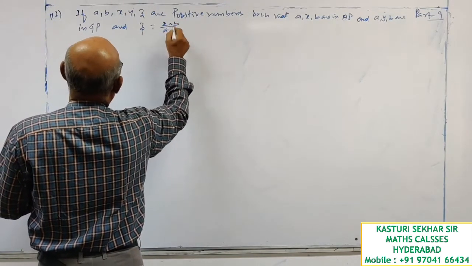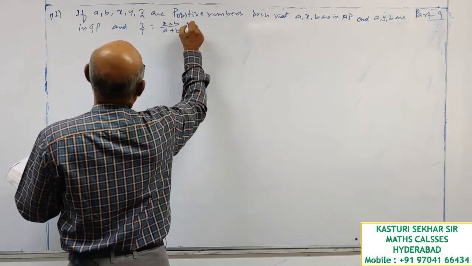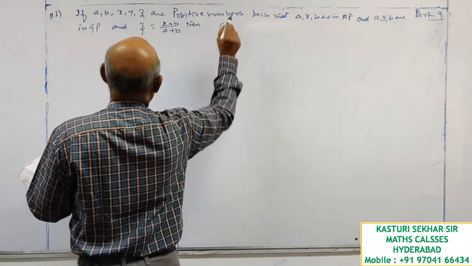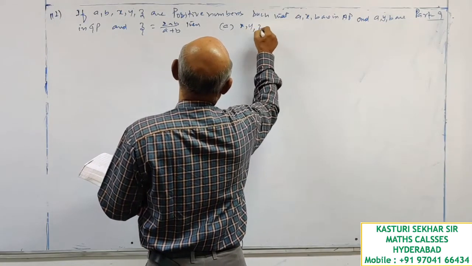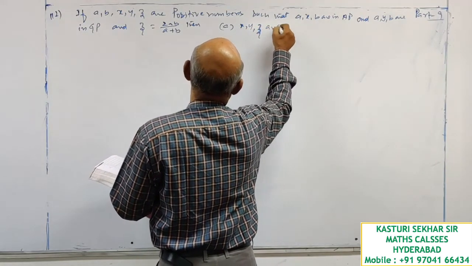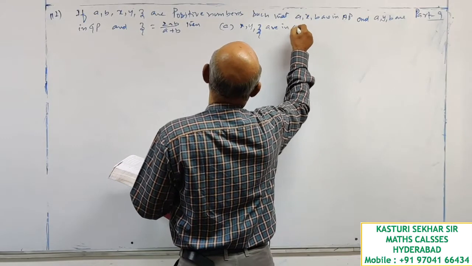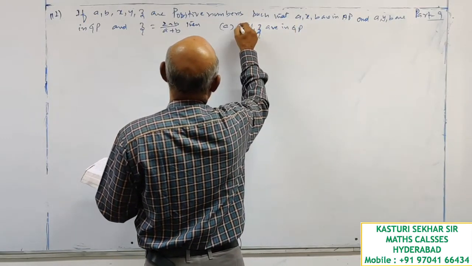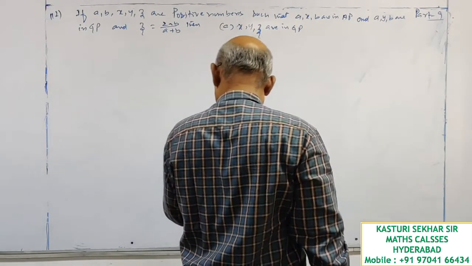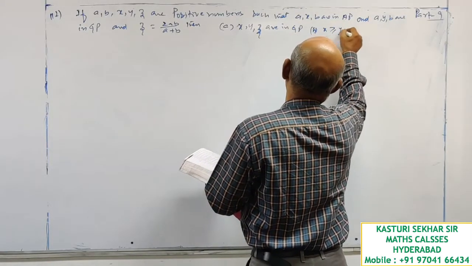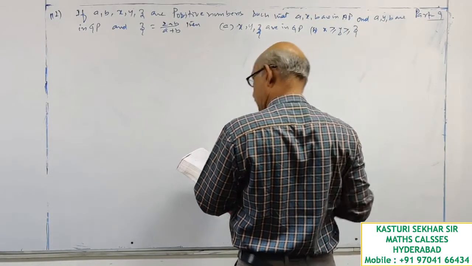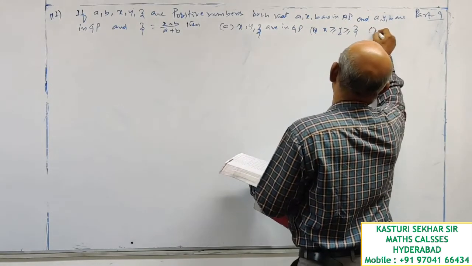2ab by (a plus b), then let us see. Option A: x, y, z are in GP. Option B: x is greater than or equal to y, y is greater than or equal to z.